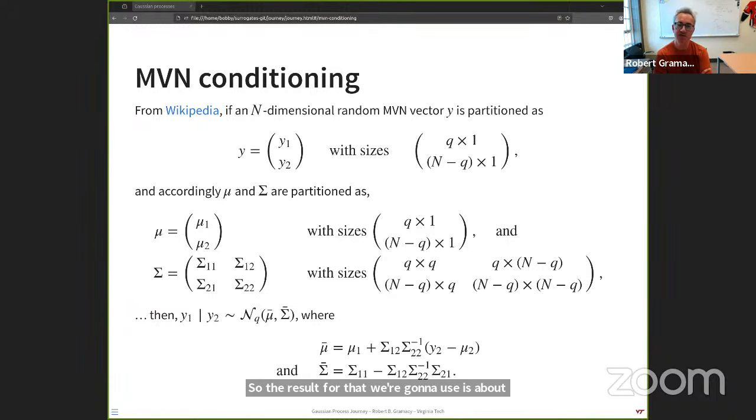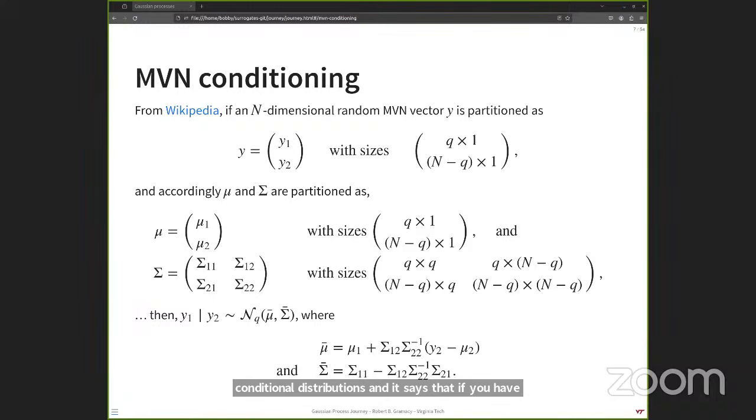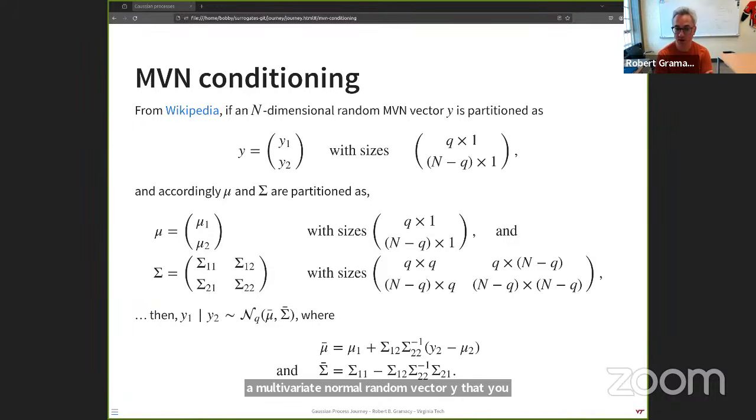And it says that if you have a multivariate normal random vector y that you partition into 2 groups, y1 and y2, then you can derive the conditional distribution of one group given the other. And it doesn't matter which way around you do it, but here I've given you what you get for y1 given y2.